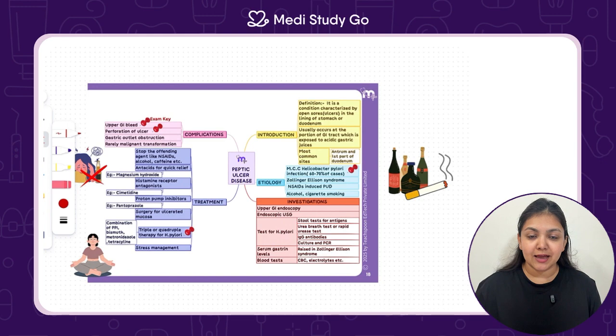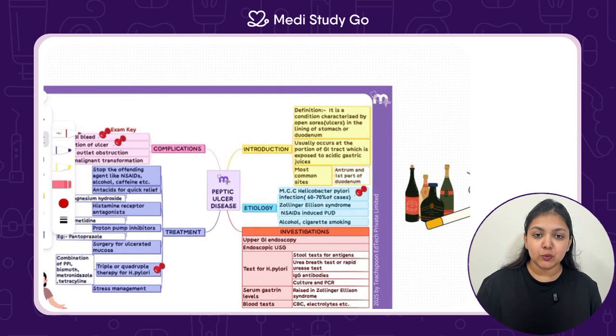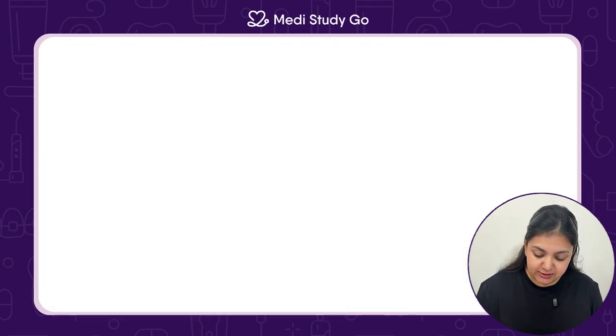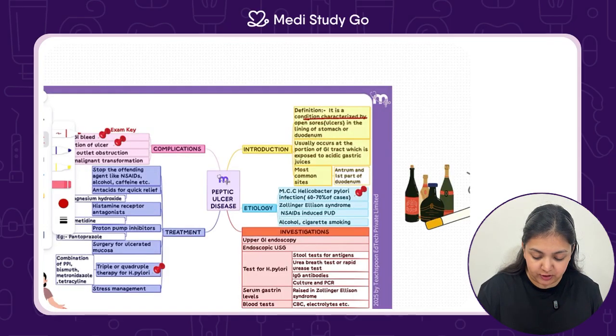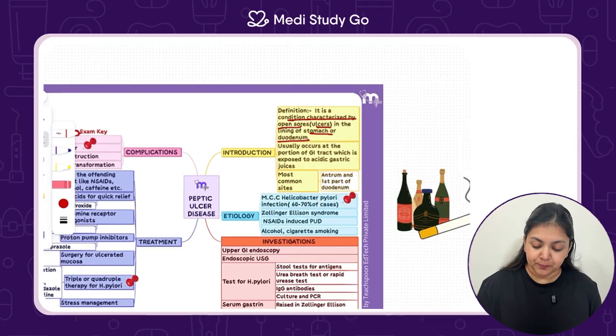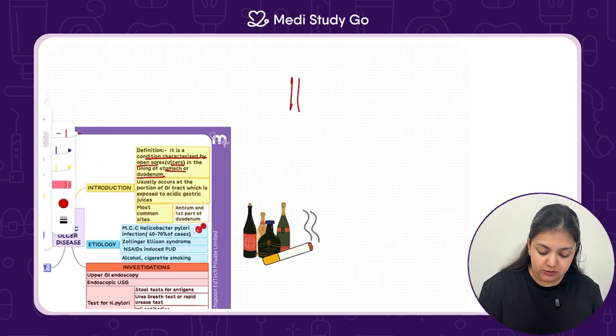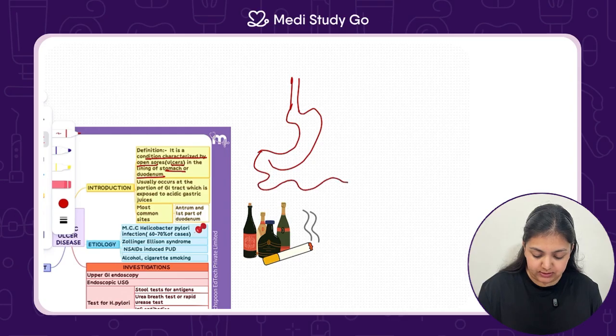As I always say, every topic must be studied under some respective headings. So starting with the first heading for peptic ulcer disease, which is definition, it is defined as a condition characterized by open sores or ulcers, which can happen in the stomach or in the duodenum as well. So now we know that after the esophagus, there is stomach, and after the stomach, the duodenum starts.